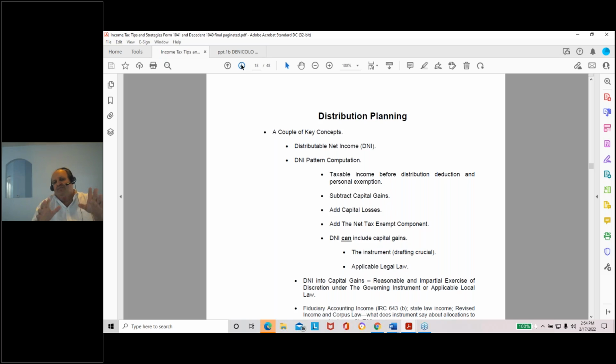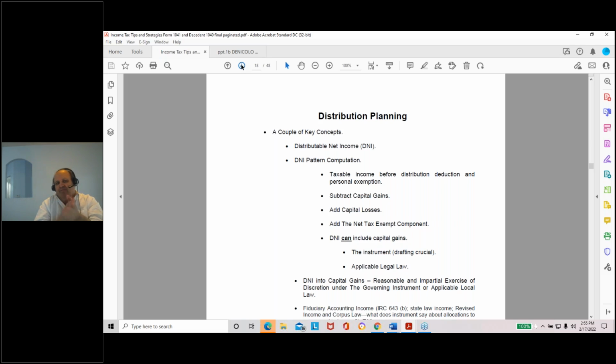So there's two concepts here. There's distributable net income, which is a tax concept that has a taxable component to it and a tax exempt component to it. And then we have to look at the instrument, and the drafting's critical because the drafting controls the DNI taxation and the flow out, right, between the fiduciary and the individuals.